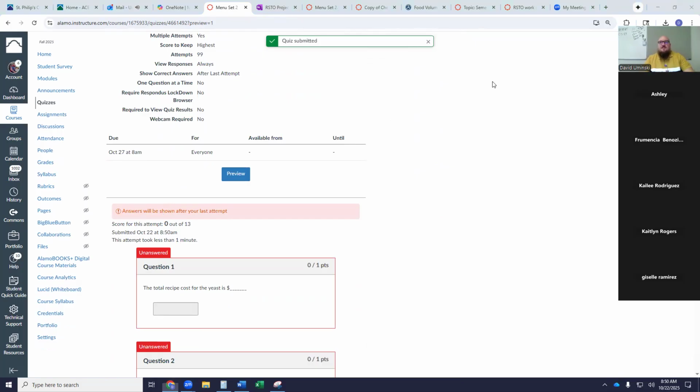Let me stop sharing my screen so you don't see all the answers. Let's see. Rosemary. It's $1.37. How did we get to $1.37? Let's figure that out. This is where having my other OneNote would be really helpful.